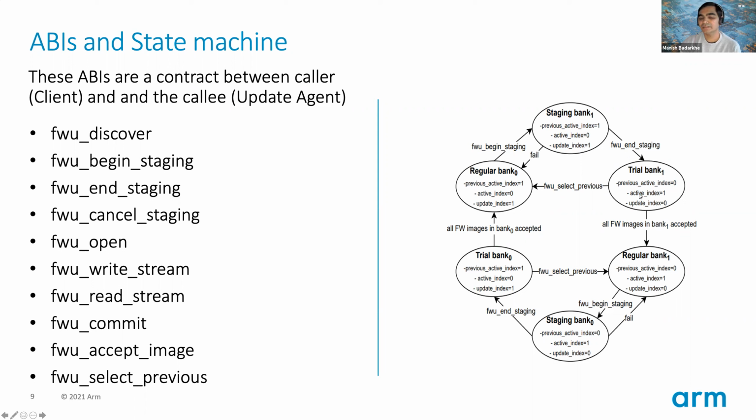Once the authentication passes by the TFA, the client again runs some checks on this bank, like whether the images present in this bank are proper or not, by doing some sanity check, maybe by initializing some drivers and checking that their inits are working correctly.